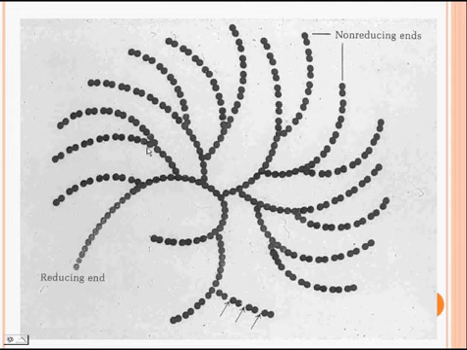It's not linear. And what this branching does is make the glycogen into a sphere so that only the ends are exposed to the fluid around it, and the inside parts, which I'm trying to point to with the pointer, are hidden inside the sphere. And this makes the little sphere soluble because the ends are what we call hydrophilic.